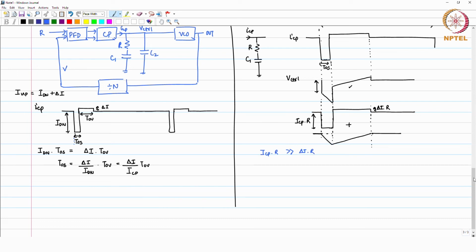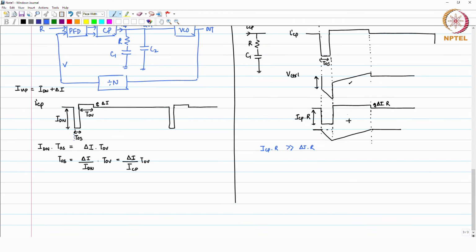And why am I writing like this? Because I am going to decompose this particular part as two pulses, one which is a large pulse like this every clock period, and the other one I am going to write like this, in this manner.